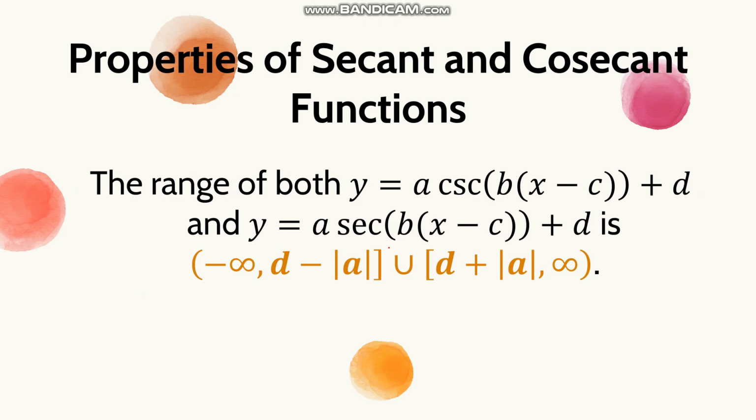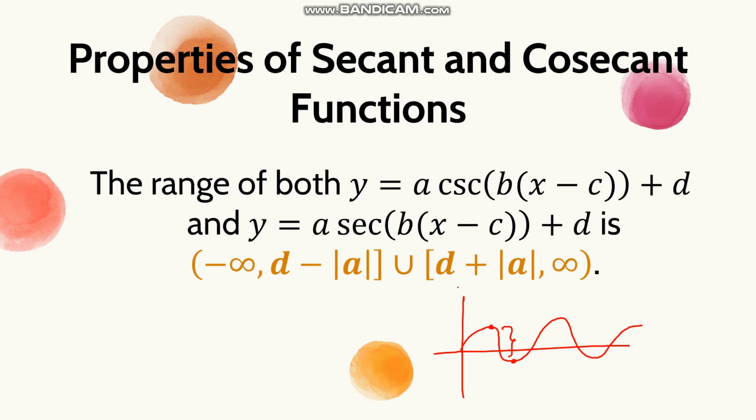For the range, we have the same formula. It's from negative infinity to d minus absolute value of a, included, union with d plus absolute value of a up to positive infinity. Remember, with our sine and cosine functions during our last discussion, we just identified the highest and the lowest point of the graph, and this would be the range.